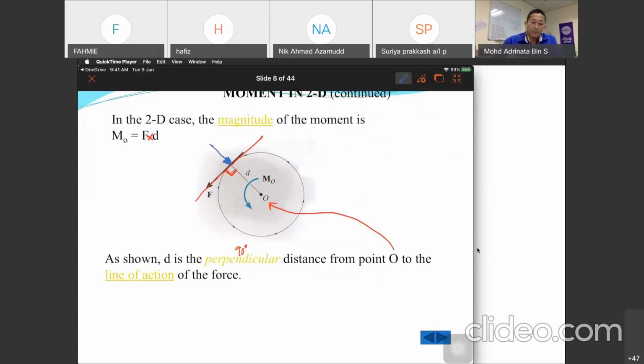Okay, so when the force acts on the line of your action point, show me the distance.